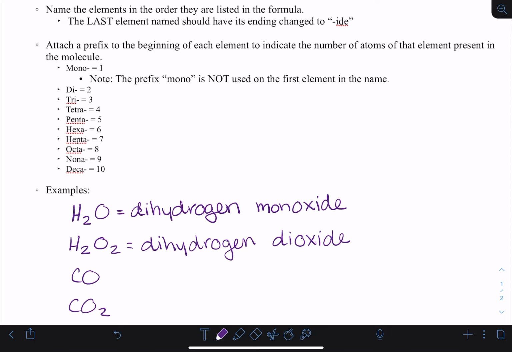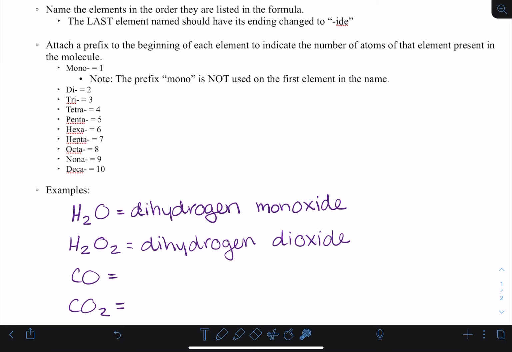two. So we also have CO and CO2, which are things you may likely already know the names for. But now you can actually see where those names come from and how they fit into the system. So both of these are compounds between carbon and oxygen. We have one carbon atom present in each of them.